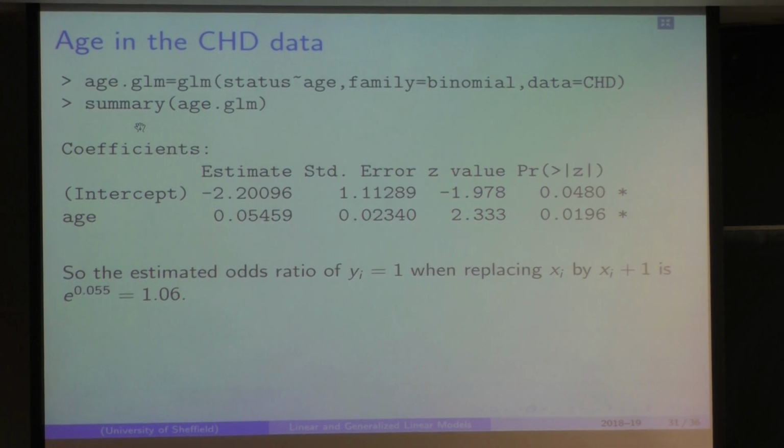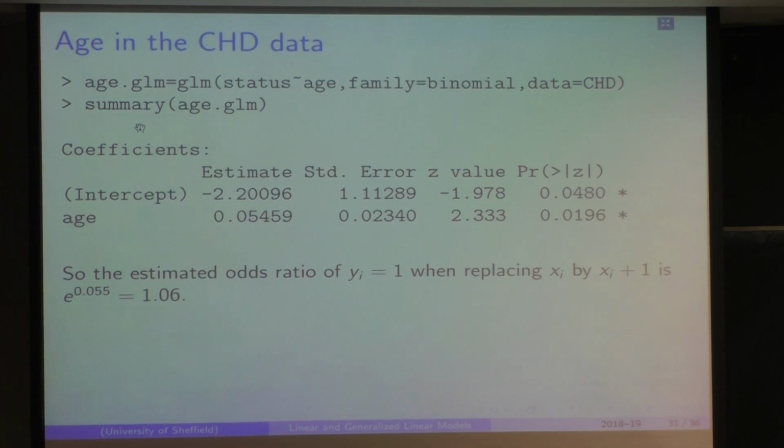Again, we can do that in our data. We can fit the model in R, so we're now fitting status modelled by age, just age alone, and everything else is the same. Then this is the model that we get. So we get the coefficient of age being about 0.055. Again, the modelling says that that's significant.